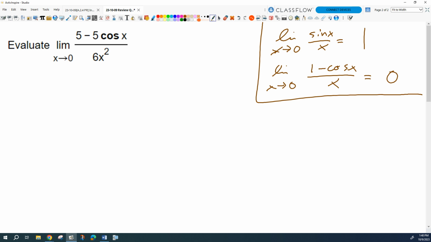So what we could do here instead, we could use that if we want to. So I could rewrite this as the limit of 5 times 1 minus cosine x over 6x squared. And I could break this apart into, it's hard to even use this one, honestly. That's why I don't teach it, because it's confusing when to use it and how to even use it.